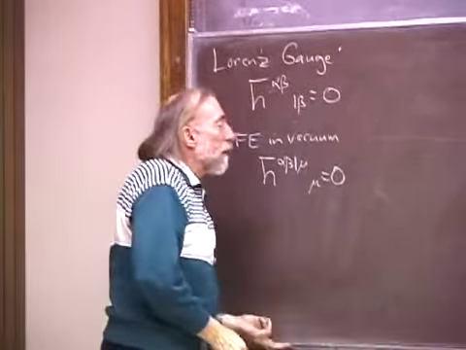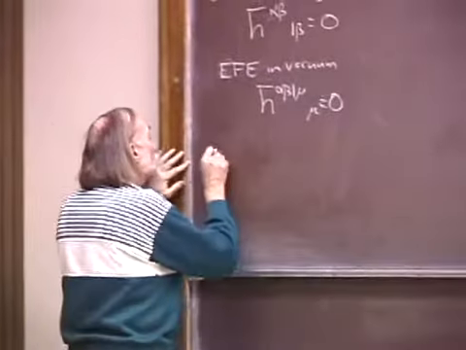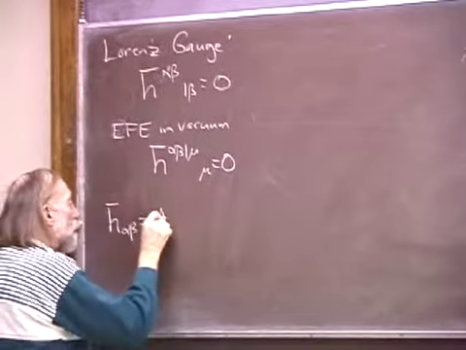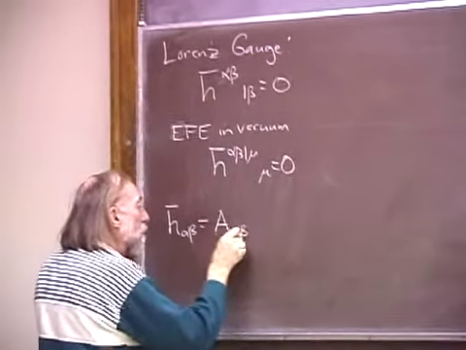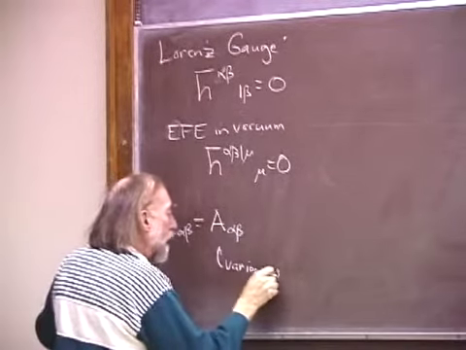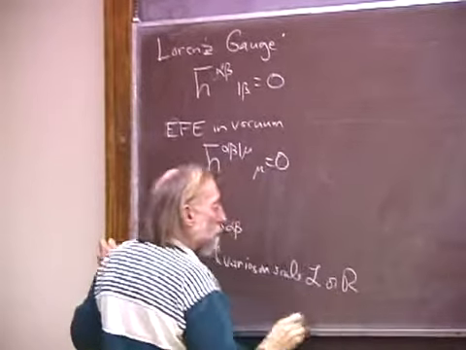In order to get an approximate solution, I made what is called the eikonal approximation, or the geometric optics approximation. So I wrote h bar alpha beta as some slowly varying amplitude. This varies on the scale L or R, whichever is shorter.